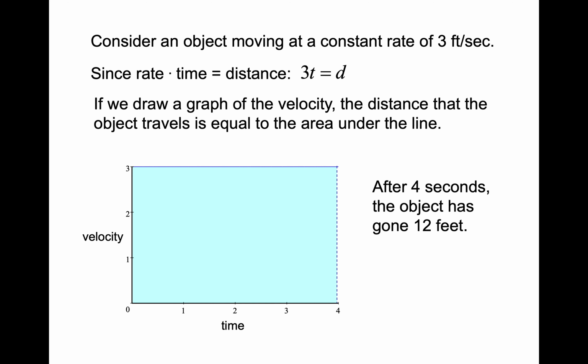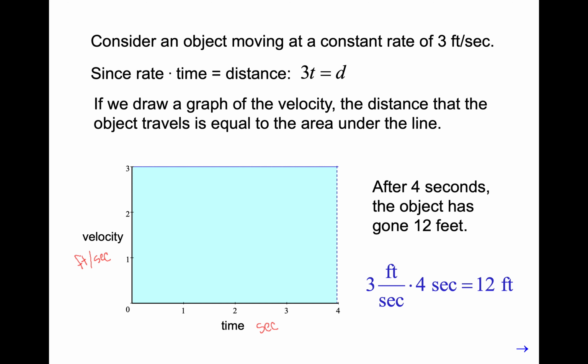So we know that if this is our velocity, and our velocity is measured in feet per second, and our time is measured in seconds, then 3 feet per second times 4 seconds equals 12 feet.